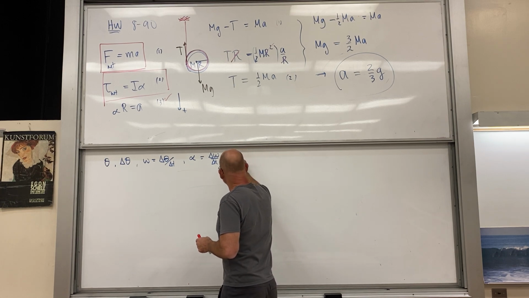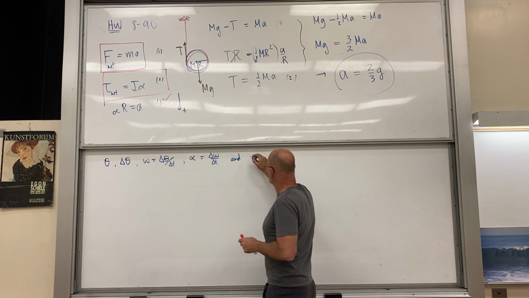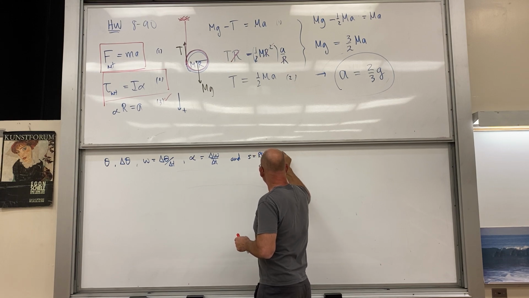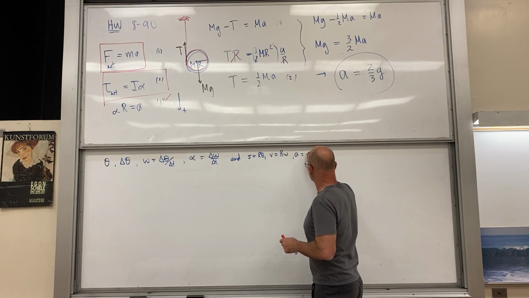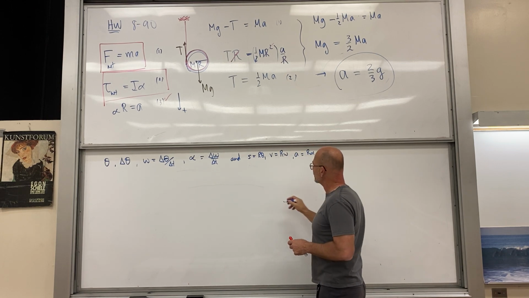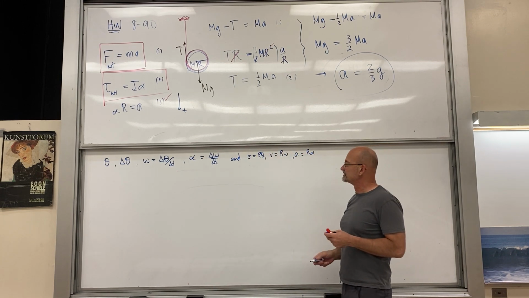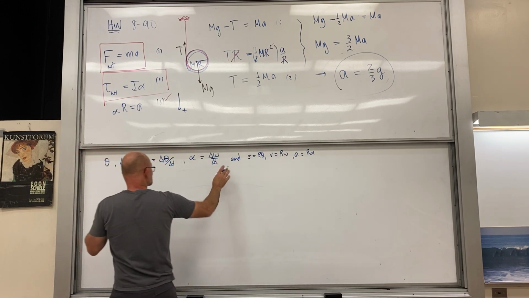So there is a relation between these and the linear expressions, and s is equal to R theta, v is equal to R omega, a is equal to R alpha. So we can use these as we just did a moment ago. Okay. So those are our rotational quantities.